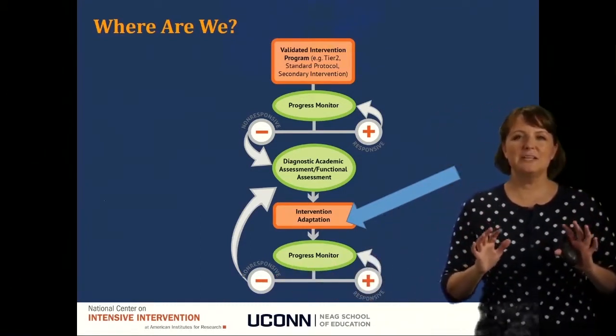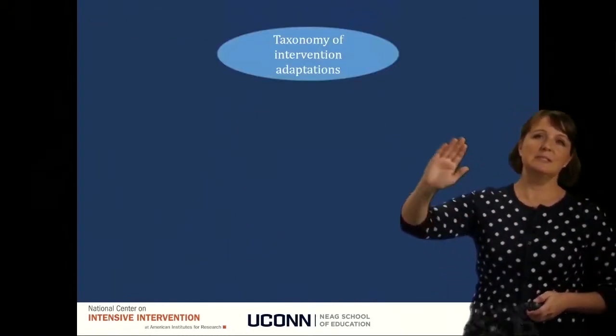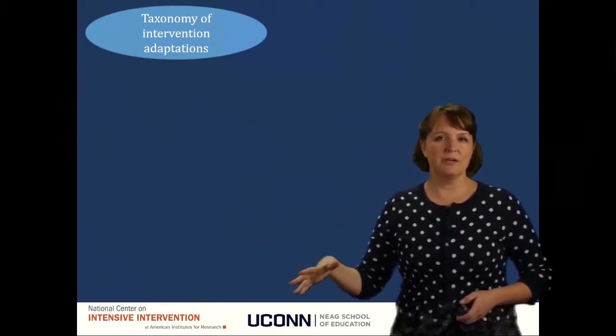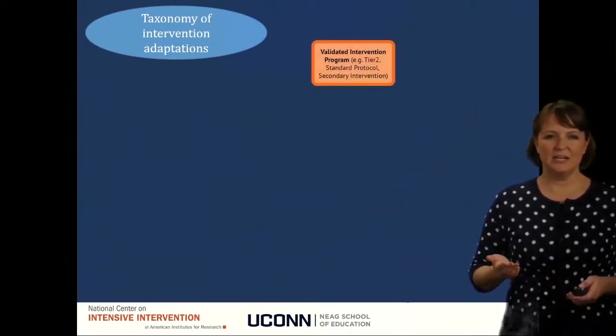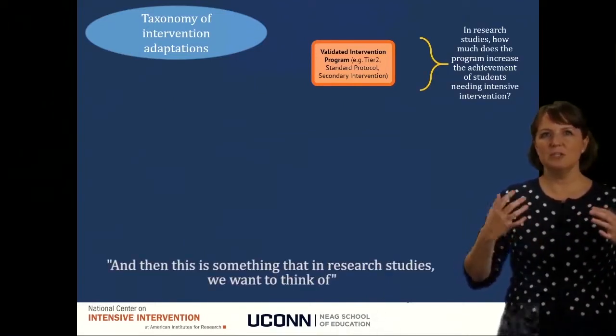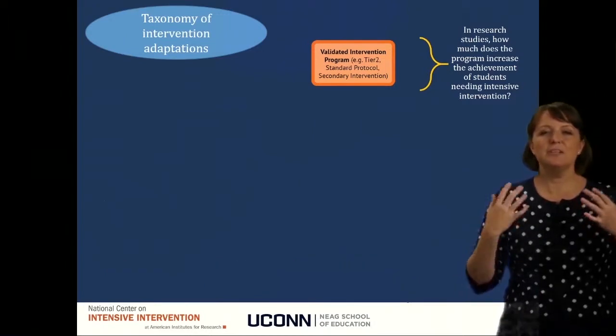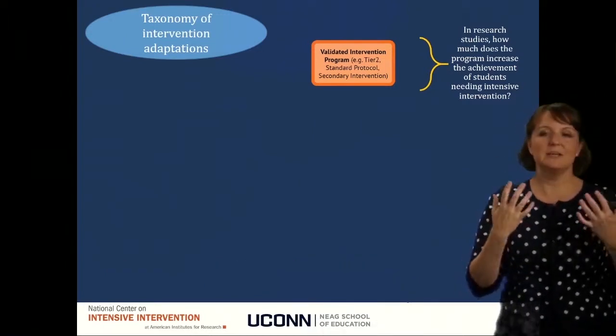Now, there's this whole idea that there's this taxonomy to intervention adaptations. I'm going to slide this over here to the left so I can show you some things over here. Remember, we start with this validated instructional platform. And then this is something that studies want to think of, like how much does that program actually increase the academic needs of students.